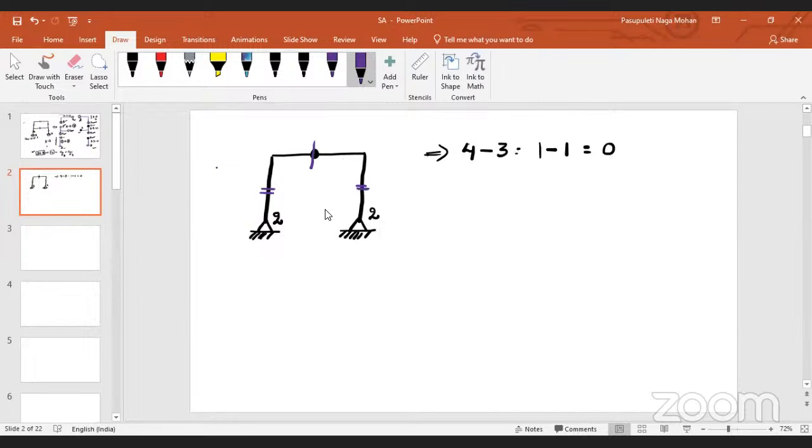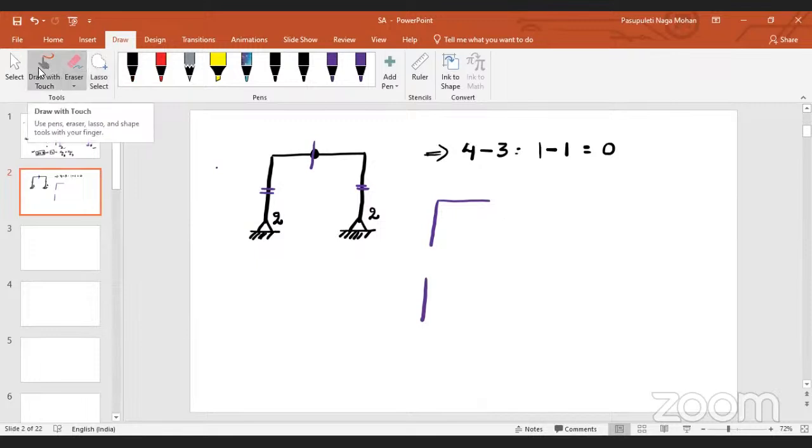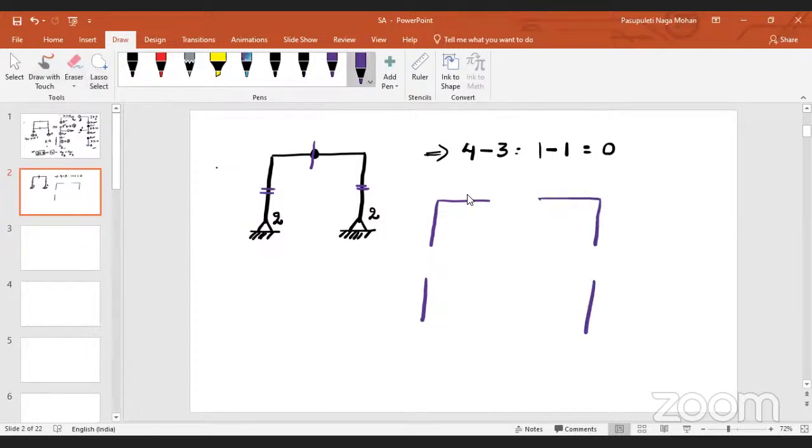Now let me write here, A, B, C, D. At the end here, how many reactions will exist? 2.